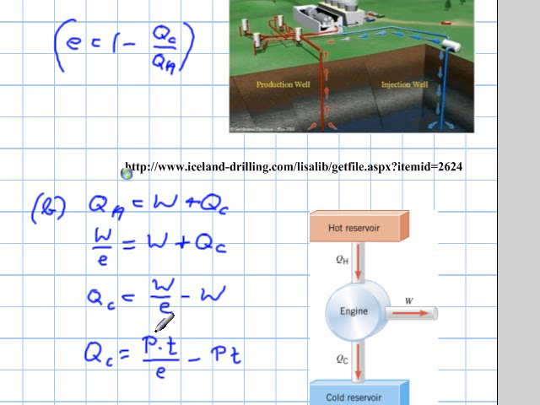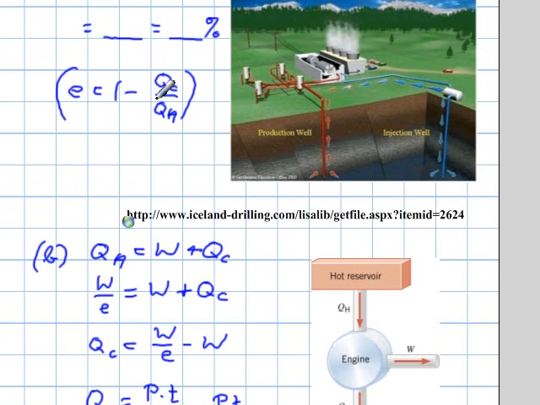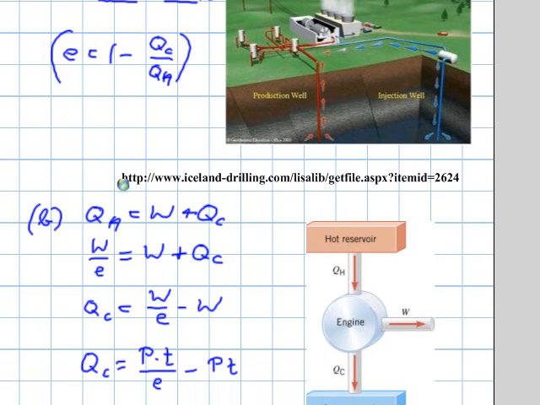And so this one is going to be 84 million watts times 24 hours times 3,600 seconds, divided by that efficiency that was calculated up here, minus again the 84 million watts times 24 hours times 3,600 seconds. Overall, for the rejected heat, you come up with a pretty large number, and that will be in joules, somewhere around 10 to the 13 or so.